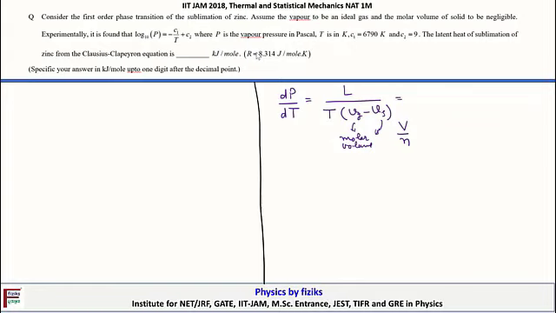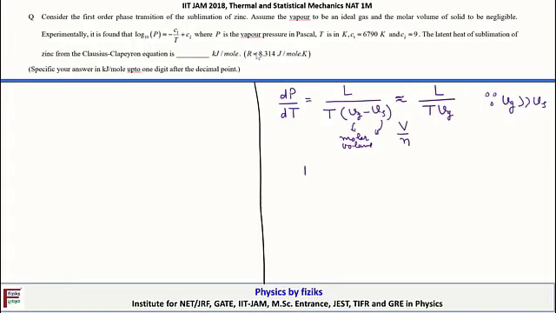Because we are given a situation where the molar volume of the gaseous phase, Vg, is much larger than Vs, as stated in the problem, we can approximate this equation as L divided by T into the molar volume of the gaseous phase. We are also given that the gaseous phase satisfies the ideal gas equation.